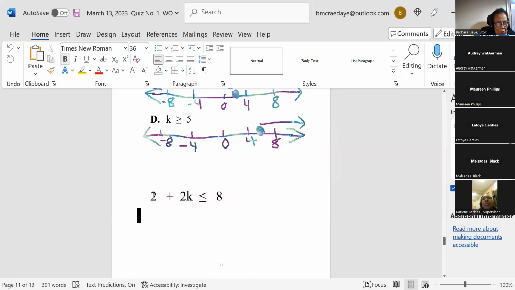Let me just write the subtraction. Now subtract the 2 from both sides, the left side and the right side. So minus 2. On the left side, you just have 2k left, right?